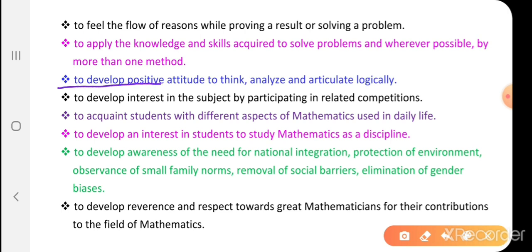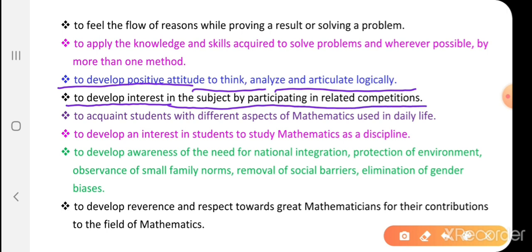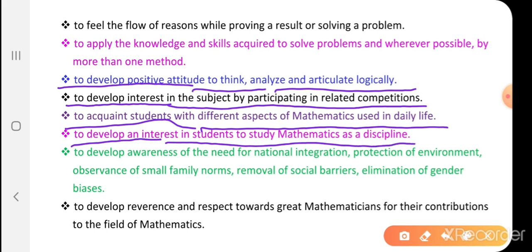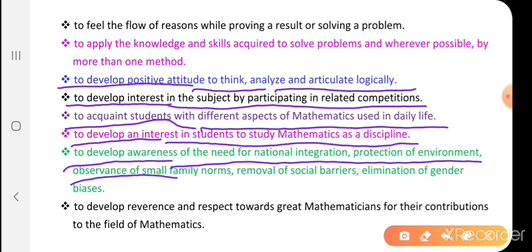To develop positive attitudes, to think, analyze and articulate logically, to develop interest in the students by participating in related competitions of mathematics, to acquaint the students with different aspects of mathematics used in daily lives, to develop an interest in the students to study mathematics as a discipline, to develop awareness of the need for national integration, protection of the environment, observance of small family norms, removal of social barriers, and elimination of gender bias.